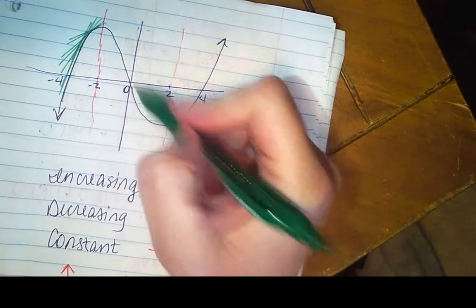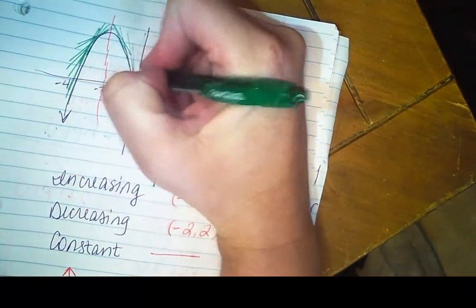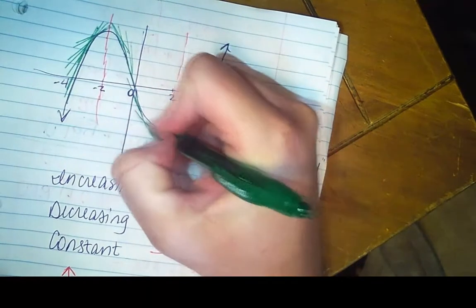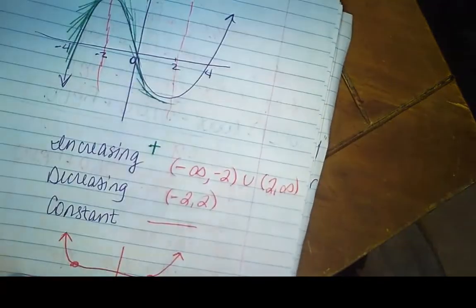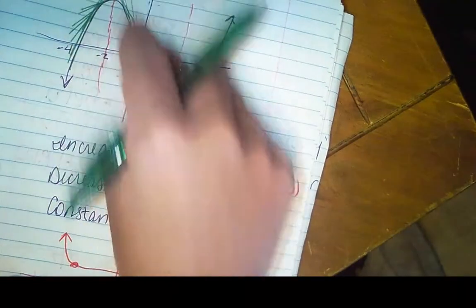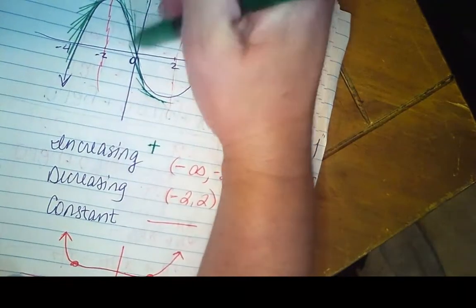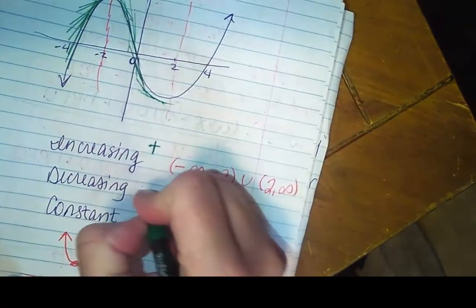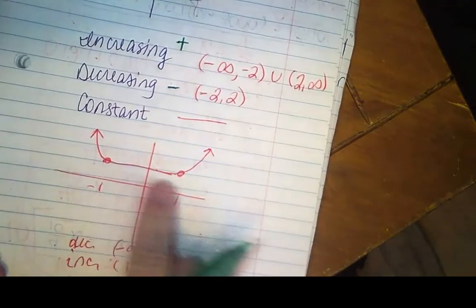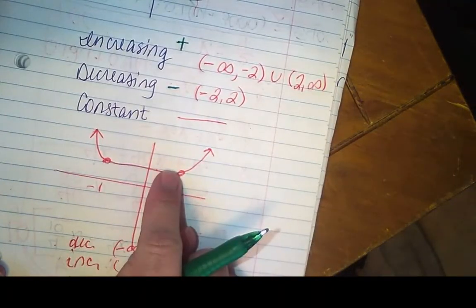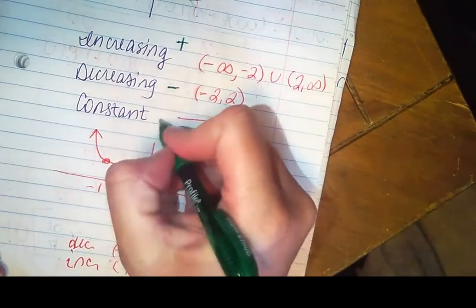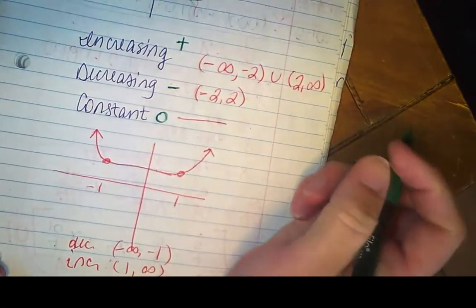Okay, if your function is decreasing, remember that the derivative is the formula for slope for any tangent line on the curve. So if my function is going down, my tangent lines will have negative slopes. If my function is constant, that means it's not going up or down. So the value of the derivative will be 0.